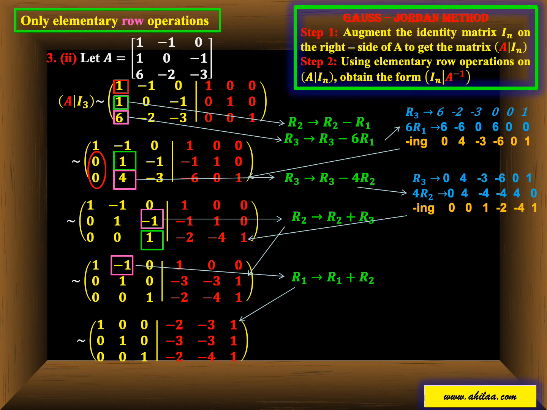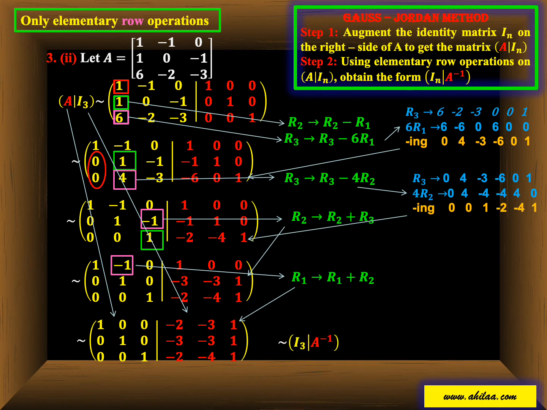So remember, we need to move for making this A as I3. Automatically the other matrix I3 takes its respective values, to give the matrix A inverse. Now see, instead of A, we have got I3, and instead of I3 we have got a matrix minus 2 minus 3 1, minus 3 minus 3 1, minus 2 minus 4 1.